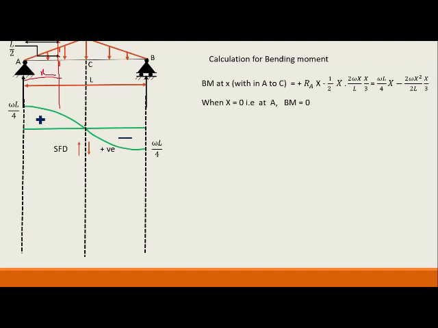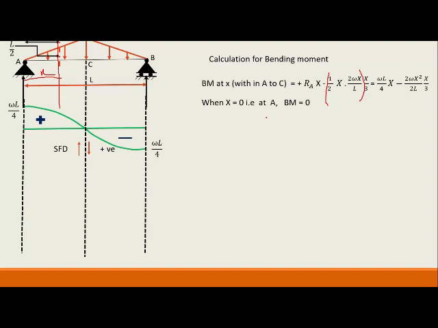So it is Ra into x minus the intensity diagram area, half base into altitude. This is the area of the intensity diagram, which gives the expression of force, and the CG distance is x by 3, because from the base the CG distance is x by 3. So we get this expression, which is actually a cubic parabolic equation.